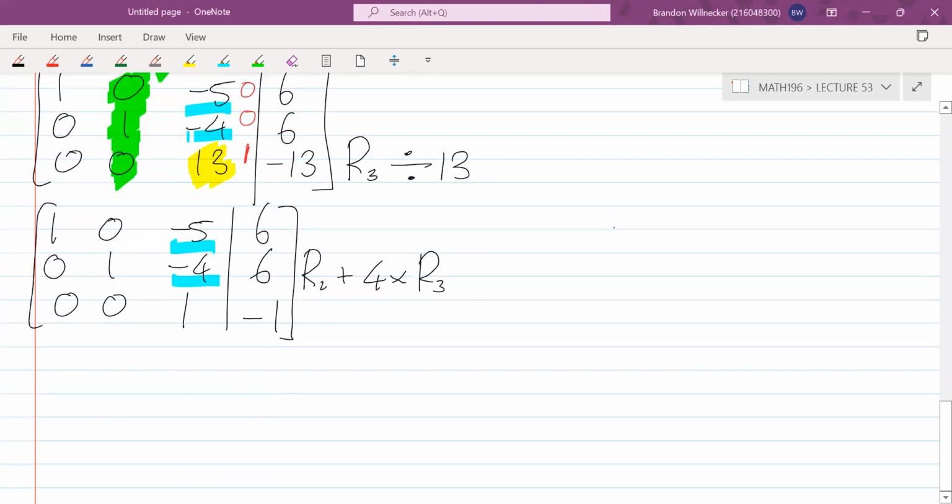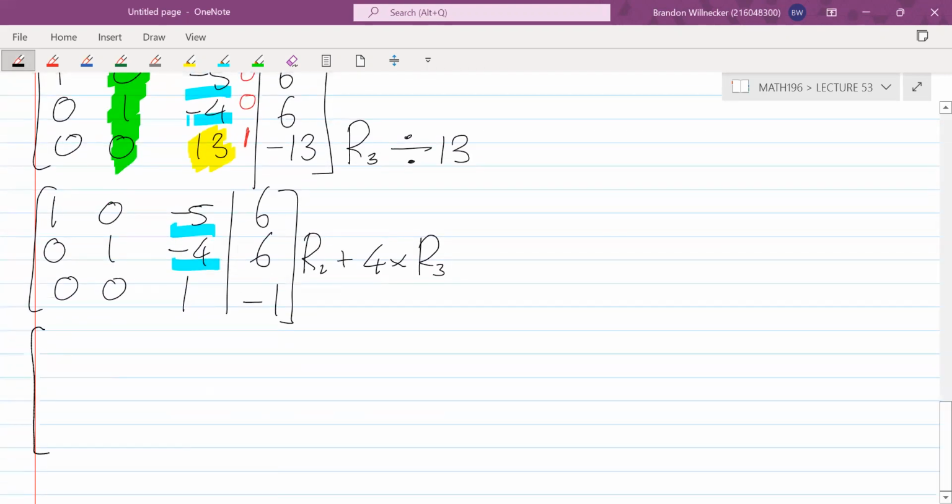Okay, so let's do that. The first row, that stays the same. We haven't gotten there yet. 1, 0, minus 5, and 6. 0, 1, minus 4 plus 4, that's going to be a 0. And then the 6 minus 4, that's going to be a 2. And the third row, that stays the same.